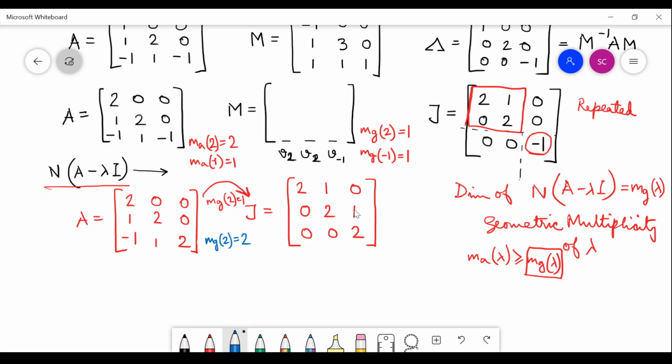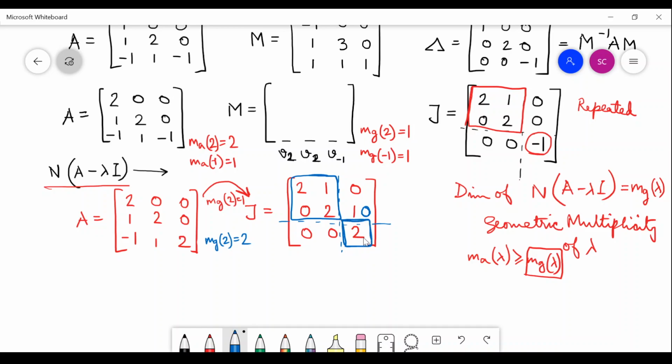That means one of, sorry, this should stay here. This will become 0, and one Jordan block will be this much, and another Jordan block will be only this.